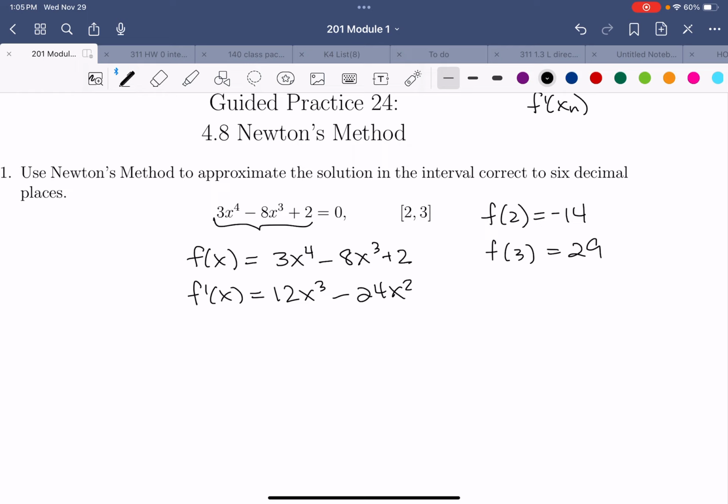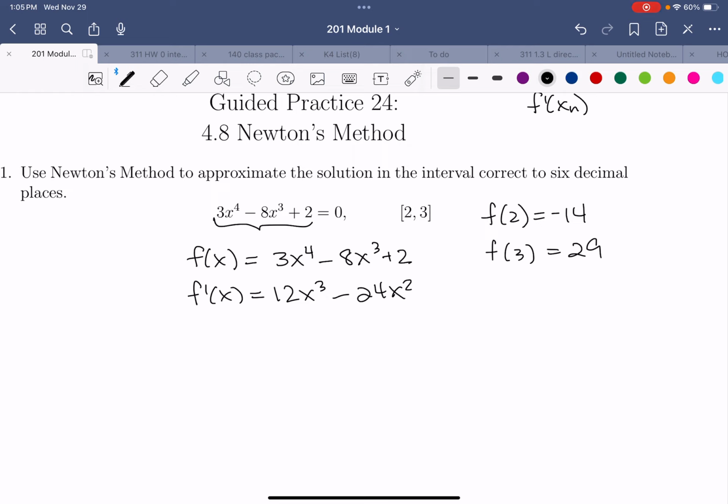So what we want to do here is choose a number to start with. Notice that negative 14 and 29 are pretty far away from 0. It's not like one is super close versus the other. We could try to choose one of those two as our endpoints. A lot of times I'll choose the first value.